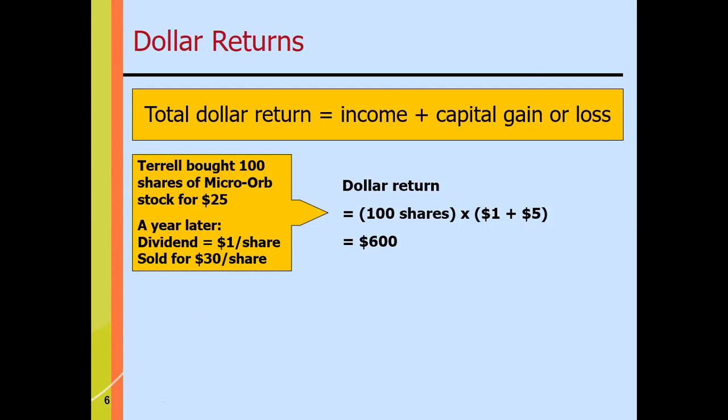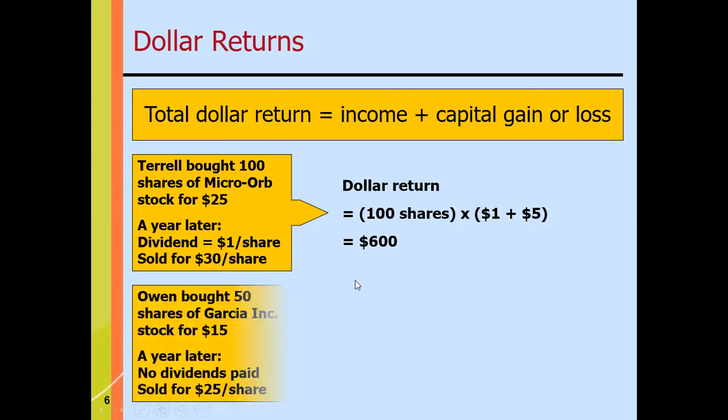So the dollar return is 100 shares multiplied by $1, that is the dividend, and then the $5 is, of course, our capital gain. So where did we get this capital gain? Simply the difference of $30 less $25 per share. So this is now our total dollar return.